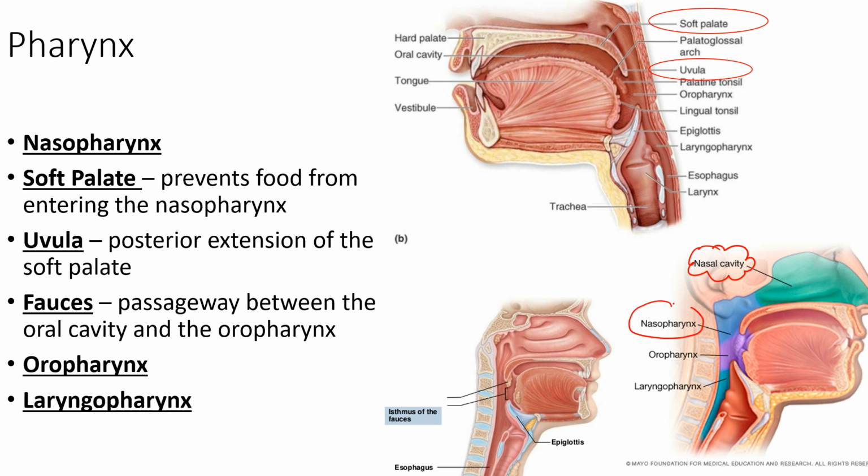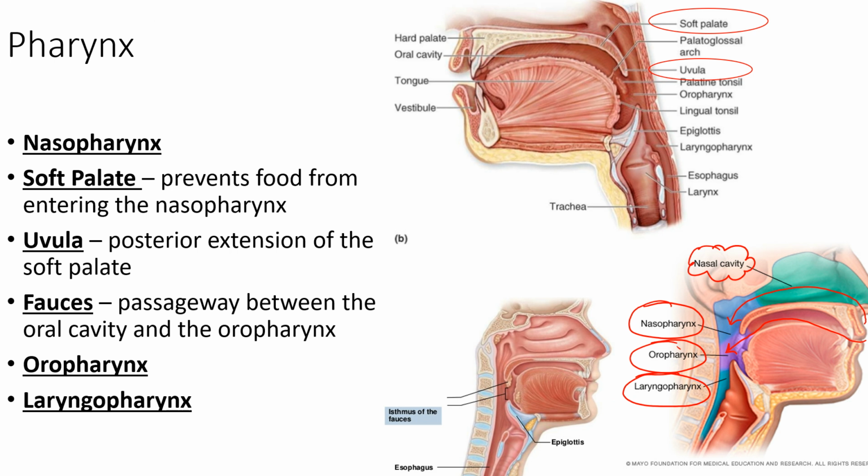You've got your nasopharynx, which is air that's going to be coming in through the nose, right? You're going to have your oropharynx, which is going to be where material comes in through the mouth. Naso is nose, oro is going to be the mouth. And then the laryngopharynx, which is the most inferior of the three sections of the pharynx.